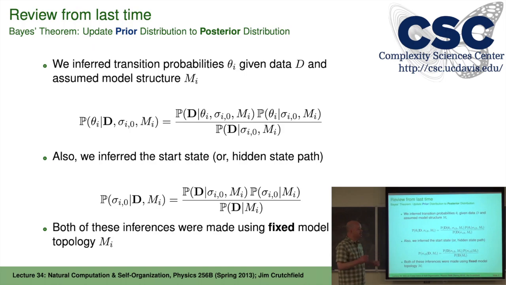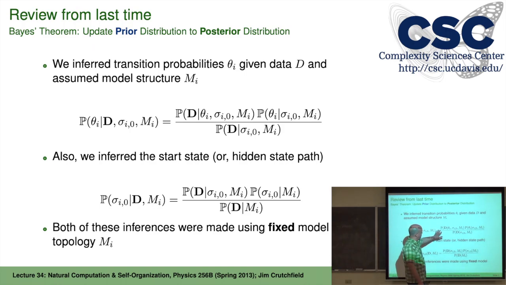So this is the one slide review of last time. Talking with Jim afterwards, one of the things I wanted to emphasize is this idea in Bayesian statistical inference of starting off with a prior distribution and going to a posterior distribution. In the last lecture, we did this on 2 levels.